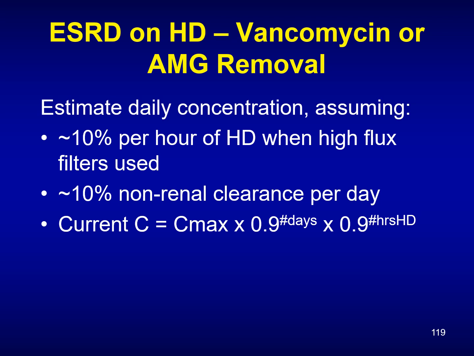Okay, so if they have 1 day of non-renal clearance, then we assume 10% non-renal clearance, and therefore 0.9 of this concentration is left, multiplied by 0.9 to the exponent of the number of hours of hemodialysis. So if there's 1 hour of hemodialysis, that means 10% removal, so therefore 90%, or 0.9, of the initial concentration is left.